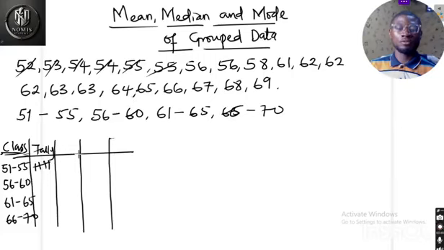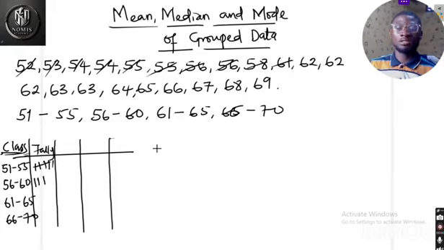This 55 also falls there, and this 55 also falls there. So we have 56. This 56 falls here, 56 also falls here, 58 falls here too. We have 3 there.